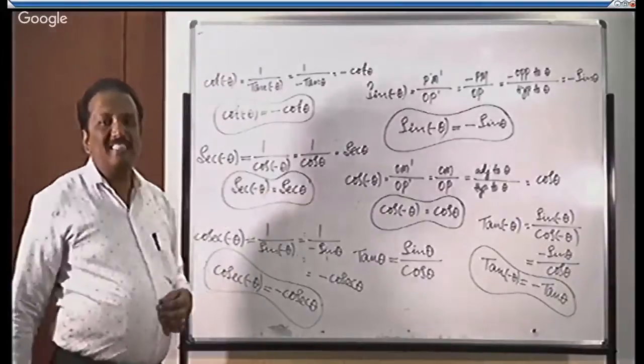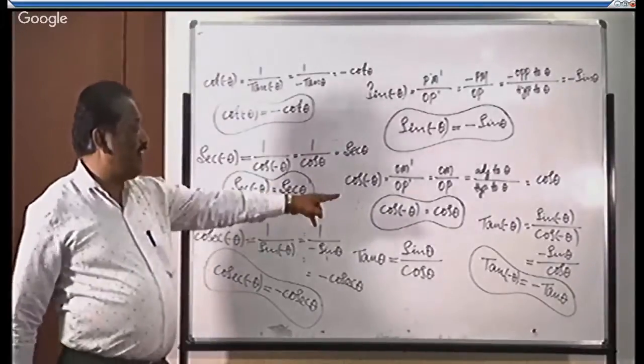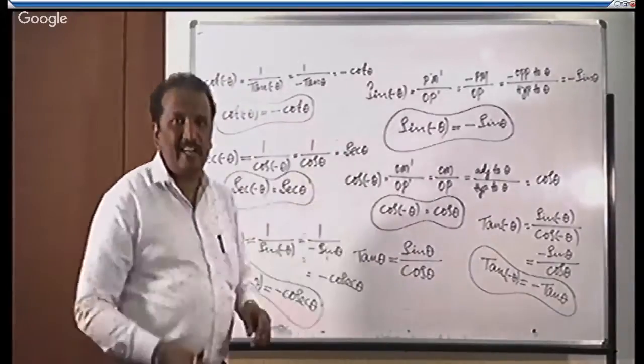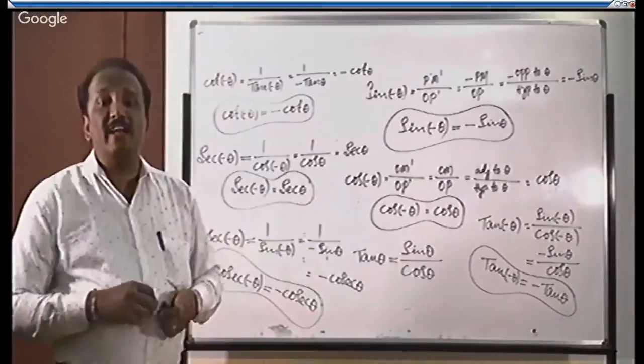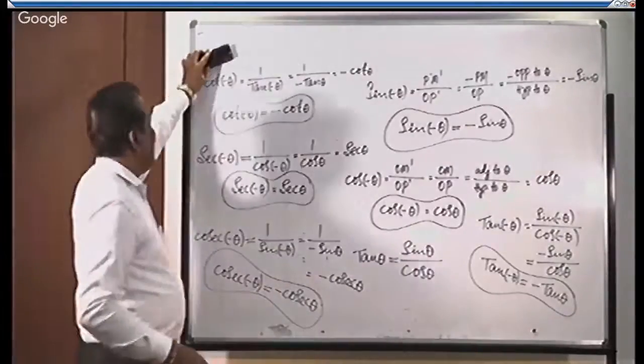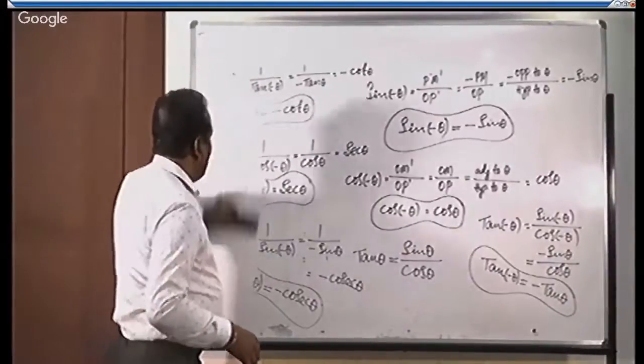By using this concept, you can remember why cosine of an angle and its reciprocal are positive on the right hand side when connected to minus theta. So this is how minus theta is related to theta. It's one of the allied angles.